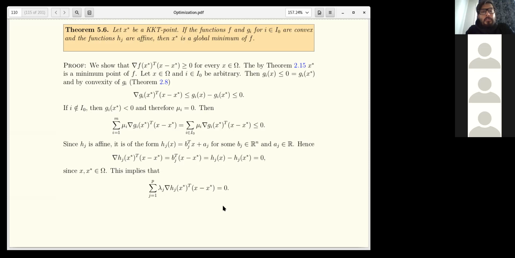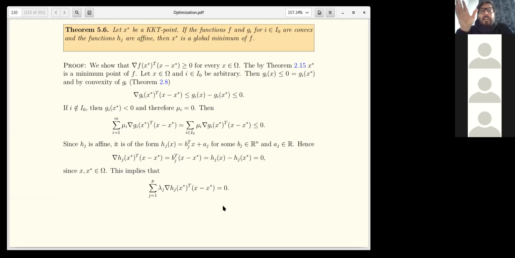And the proof here, we can go through this. I'm not going to go into detail, but the proof is based on the fact that we can show that if we move from this x star to any feasible point x, then the gradient of f gives us an approximation that this function must be increasing in that direction.